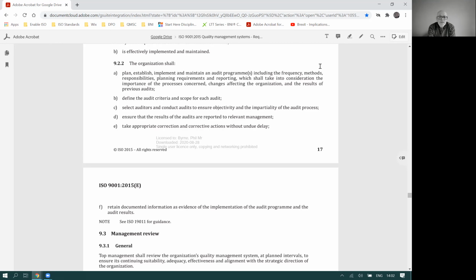So I can just take a review of 9.2 overall. It requires us to audit our processes, and I guess that would include the effectiveness of systems as well as processes.